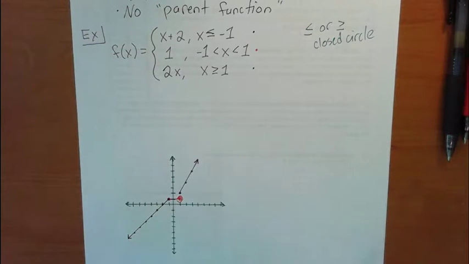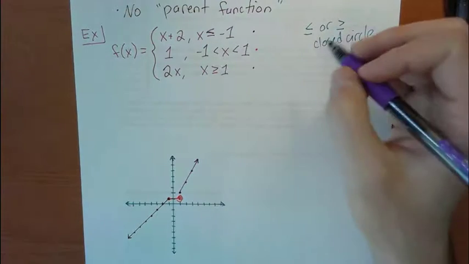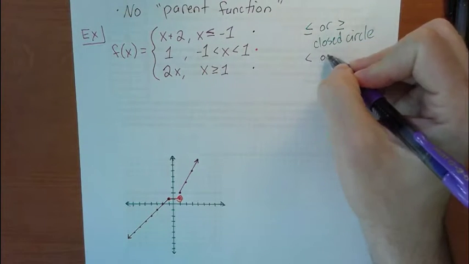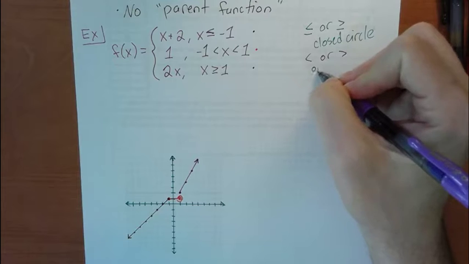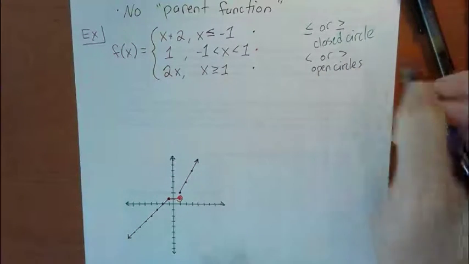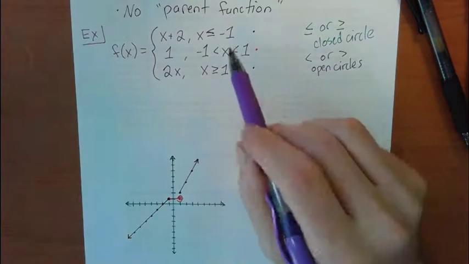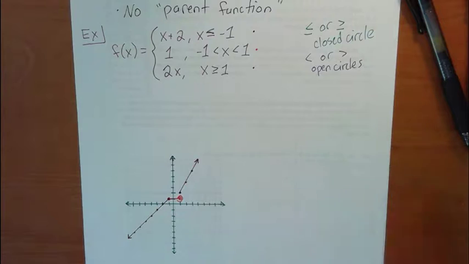Alternatively, our second equation has less than symbols. So if you have less than or greater than, those are open circles, just like we saw with inequalities back in Math 1. Sometimes you will have points on top of each other.